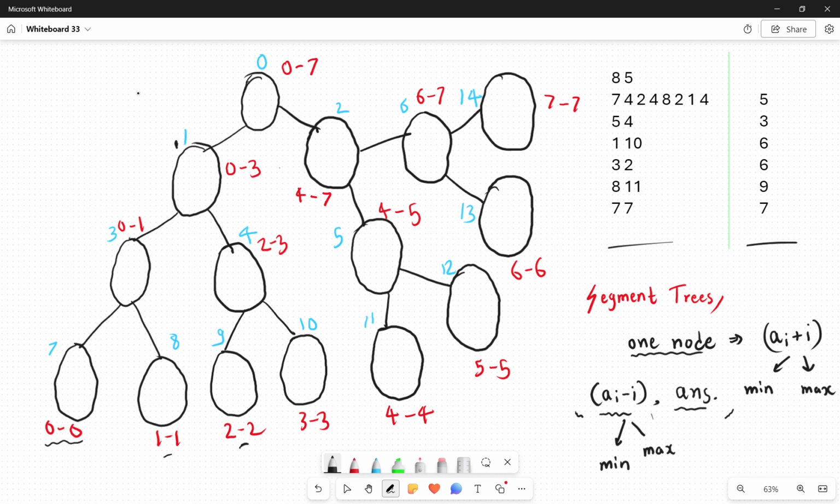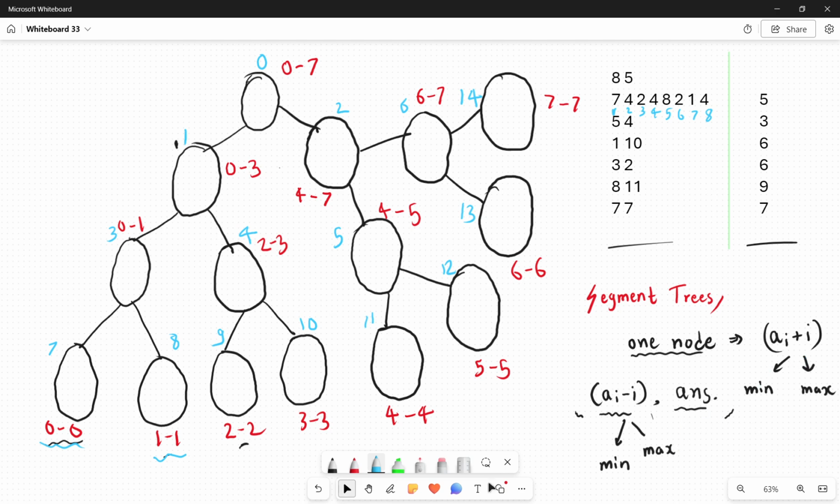So this is basically index 1, 2, 3, 4, 5, 6, 7, and 8. Here in the leaf nodes, the values will be there directly, so the minimum of ai plus I and the maximum of ai plus I.